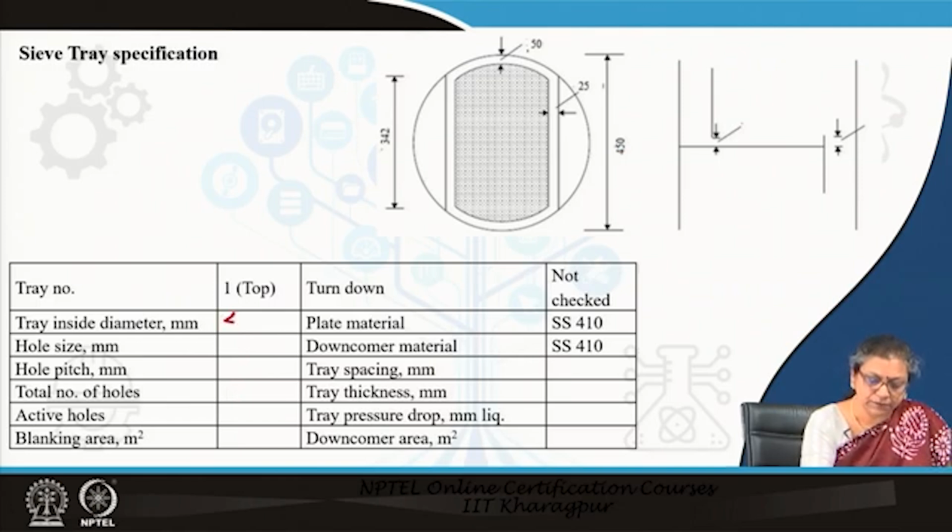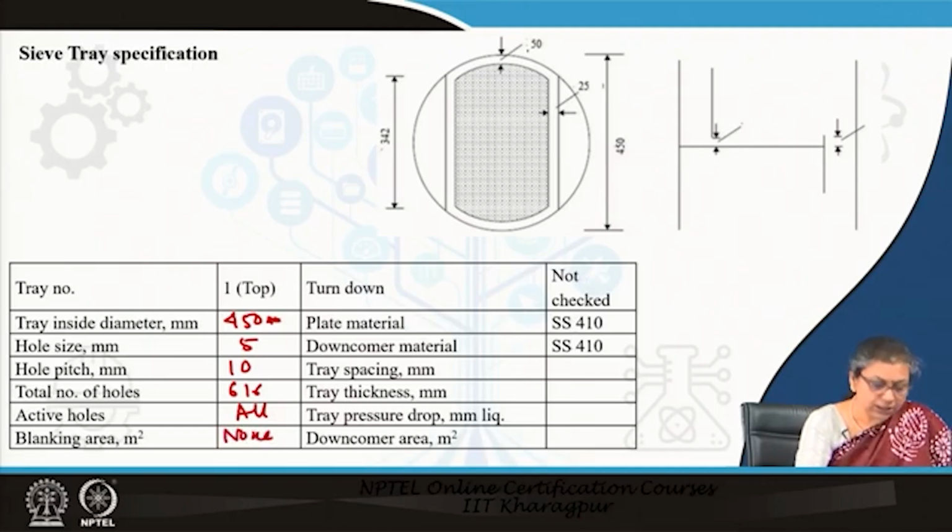The tray inside dimension was say 450 millimeters, hole size 5 millimeters, pitch was taken around 10 millimeters, number of holes was 616. We assume that all the holes were active, and we did not have to blank anything.